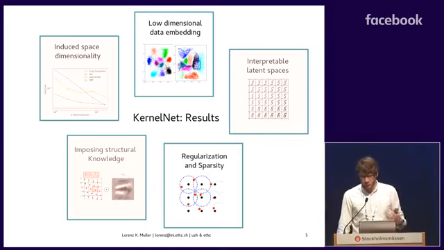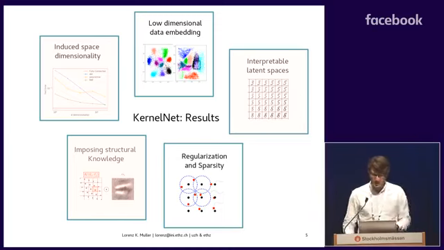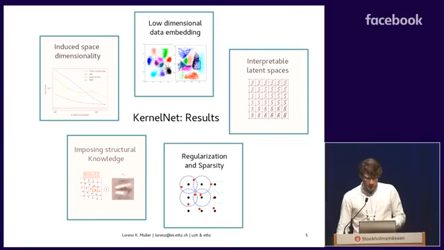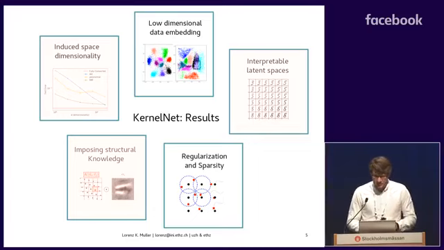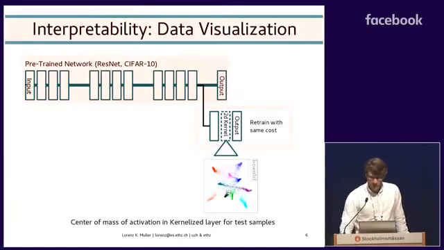So you will improve your performance if you use, for instance, a radial basis function, at least in the situations that we tried. What I will focus on here now is one application to low-dimensional data embedding, and a second one where we regularize a network very effectively with this approach.